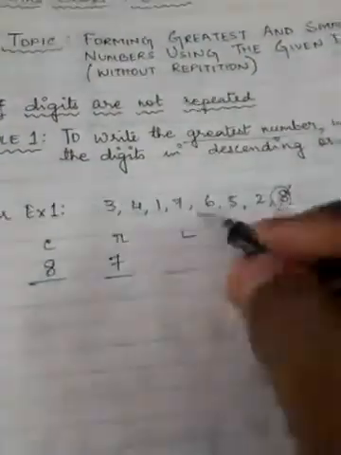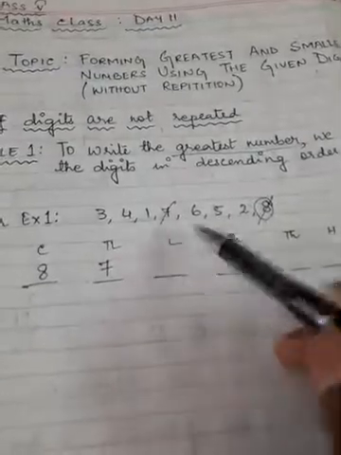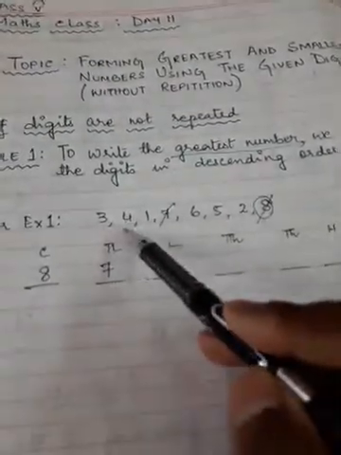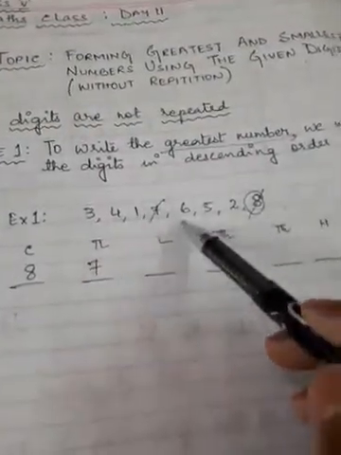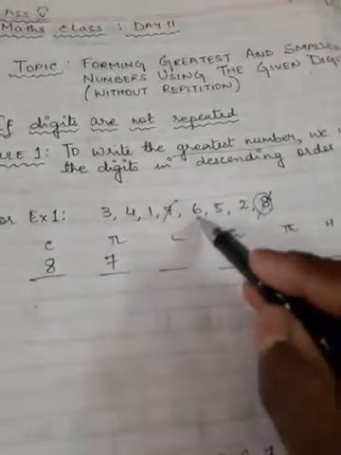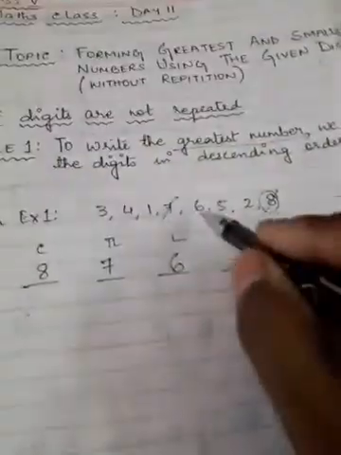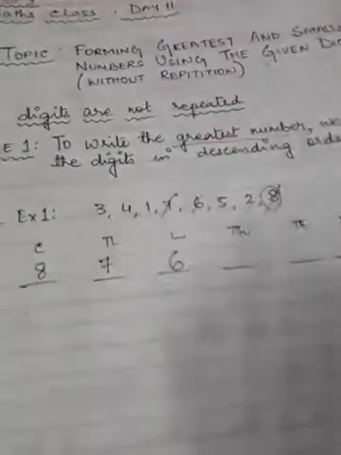After writing 7, I'll cancel it off so that I will not repeat it again. Next, lakhs position: 3 lakh, 4 lakh, 1 lakh, 6 lakh, 5 lakh, 2 lakh. Which one is greater here? Out of these, 6 lakh is greater. So I write 6 here and cut it off.